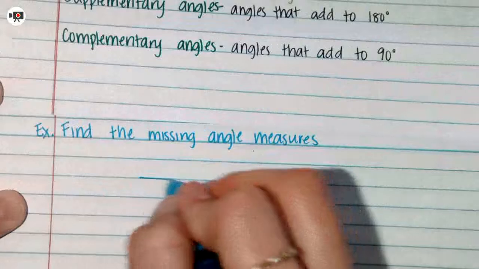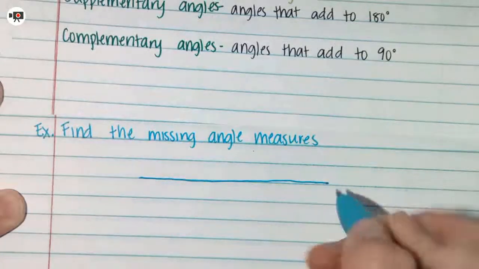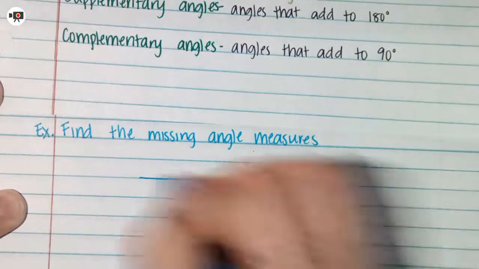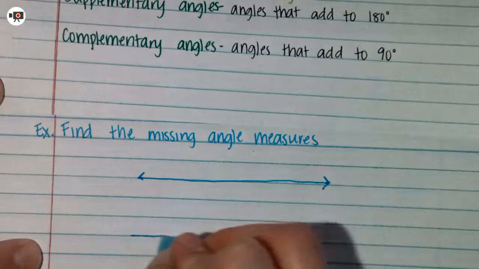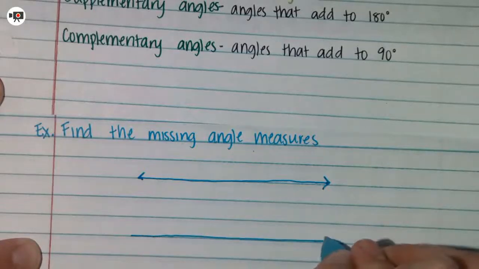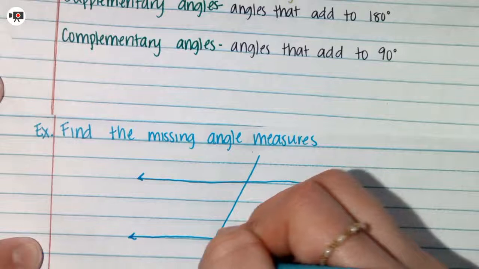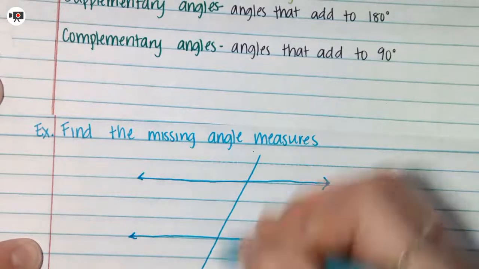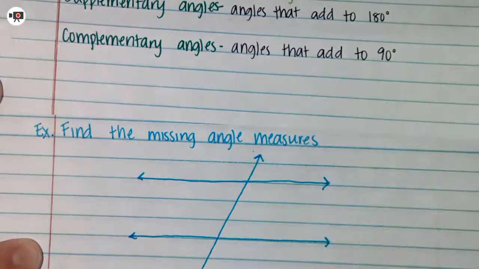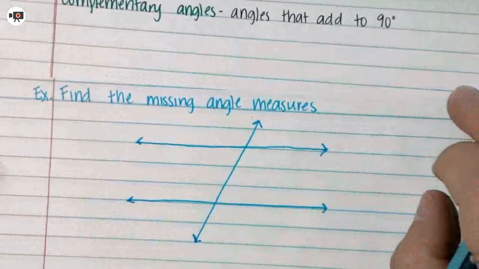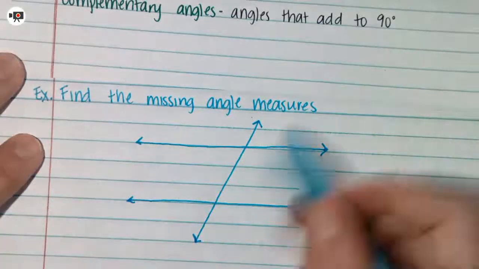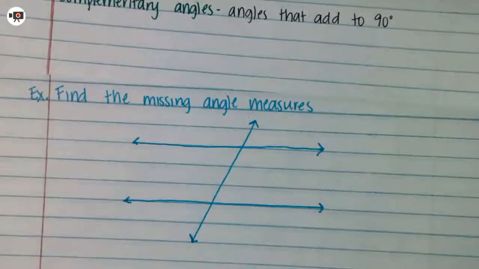I'm going to have a couple parallel lines cut by a transversal. And your transversal can go any way through your parallel lines. Could be a right angle, could point up to the right like this, could point down to the left. And we have some angles in here.